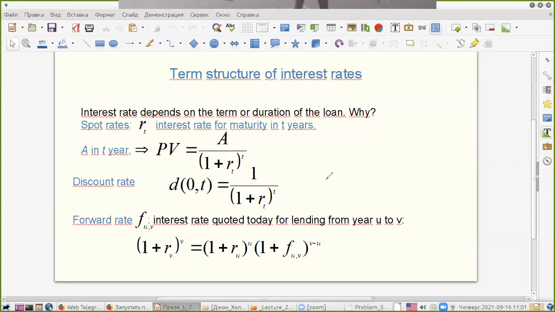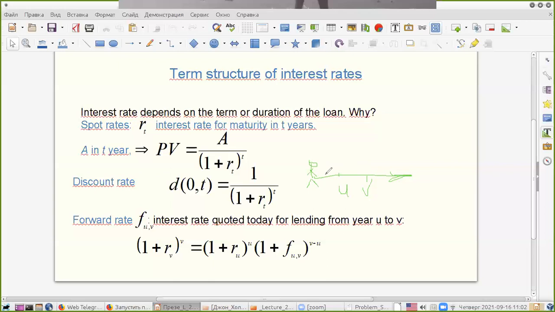It means that we have time u, and after that time v, and v is more than u, and today we are at the initial period, and we know only two spot interest rates: for u years, and for v years.